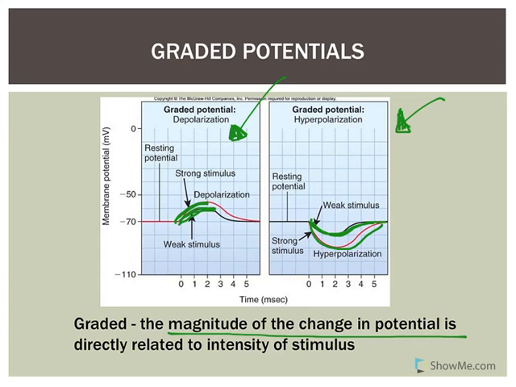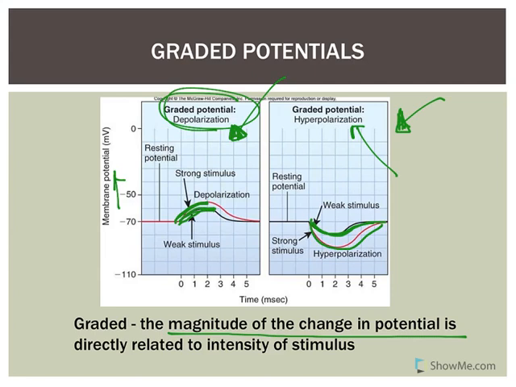Now, the significance of these two is that graded potentials like this one can bring the membrane potential closer to threshold, up in this area here, to generate an action potential. If you have something like this, it's actually taking the membrane potential further from threshold, so you're less likely to generate an action potential.